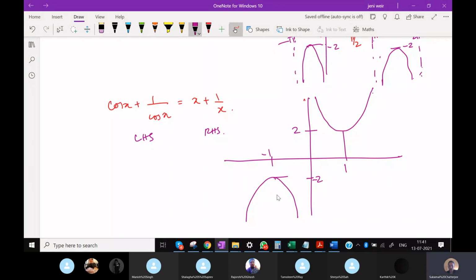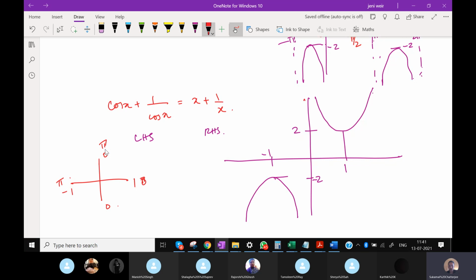Now, cos x is 1 here, minus 1 here, 0 here, and 0 here. So that means between 0 to pi, cos x will lie between minus 1 to plus 1.